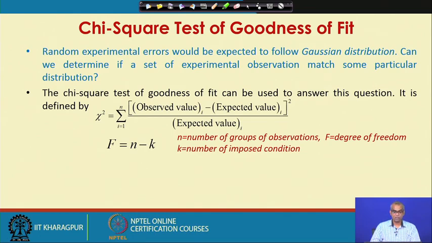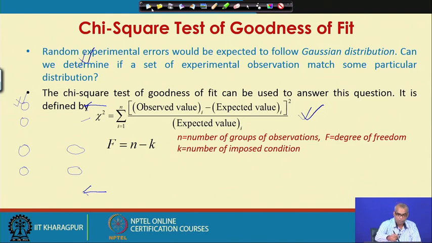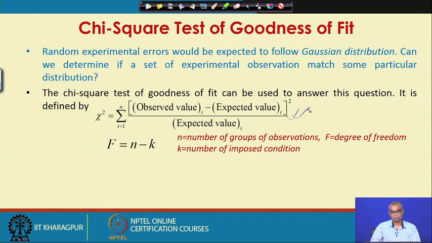Chi-square is defined by this equation. So, you have a set of data and you are expecting a value following some particular distribution for your data.